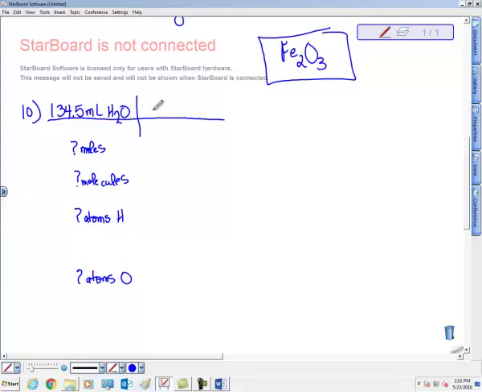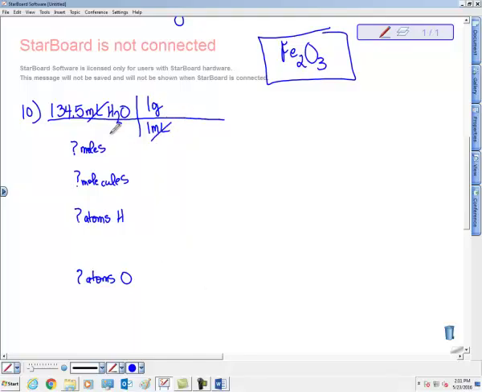If I have 1 milliliter of water, how much matter will be stuffed inside that 1 milliliter? 1 gram, right? Because that's the density of water. Each milliliter of water weighs 1 gram, and that's specific to water. So each milliliter, 1 milliliter, is equivalent to 1 gram. Do you guys see how I converted my milliliters to mass?